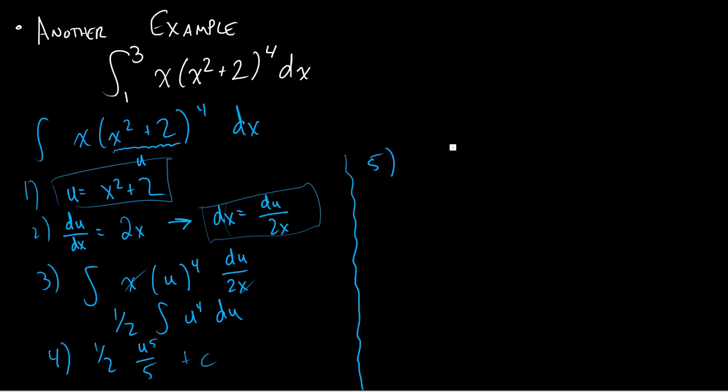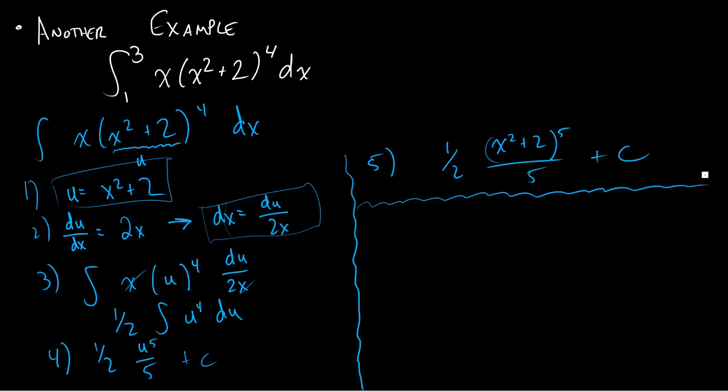So u is equal to x squared plus 2, and we'll have 1/2 times (x squared plus 2) to the 5th over 5 plus c. Okay, so now back to the definite integral part. We'll have my x equals 3, which would be 1/2 times (3 squared plus 2) to the 5th over 5 plus c.